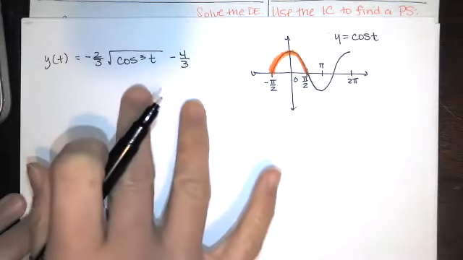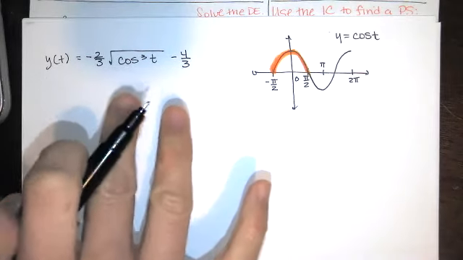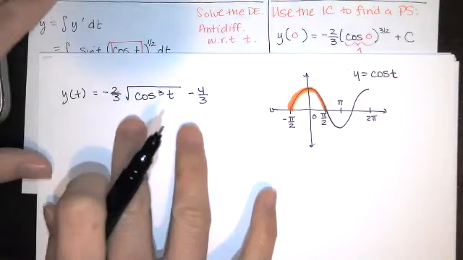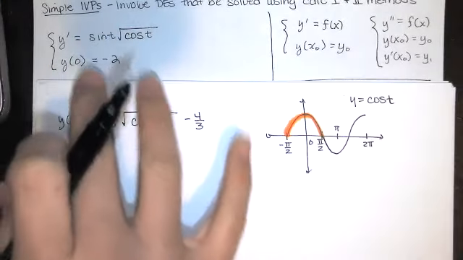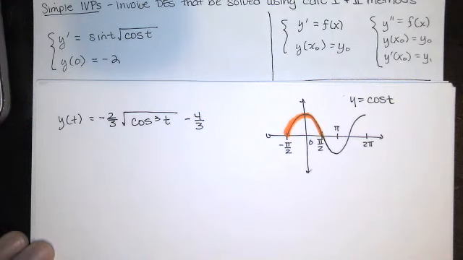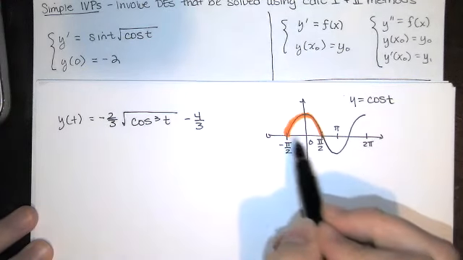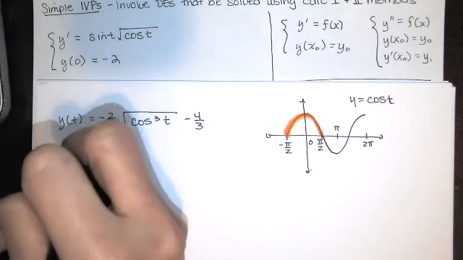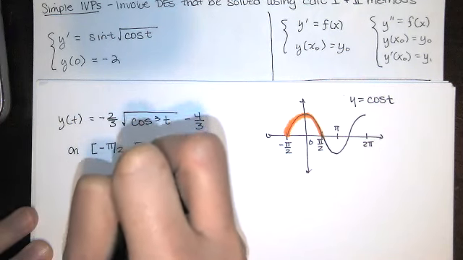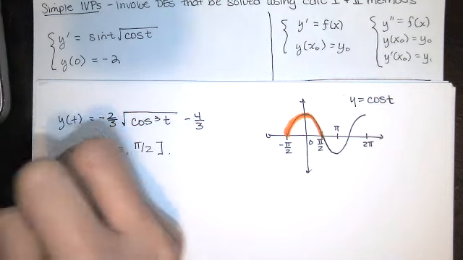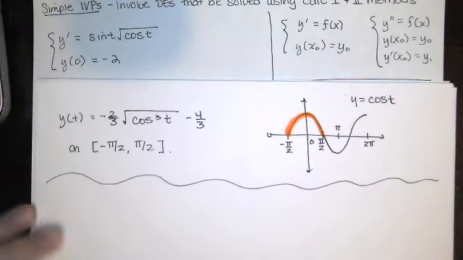So the largest interval of existence for this function, where this function satisfies both the differential equation and the initial condition at the same time, is the interval negative pi over 2 to pi over 2.